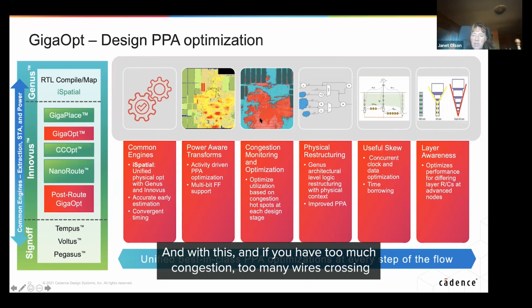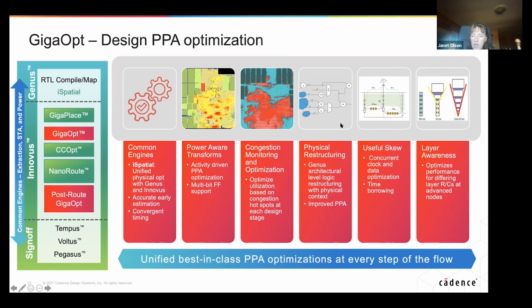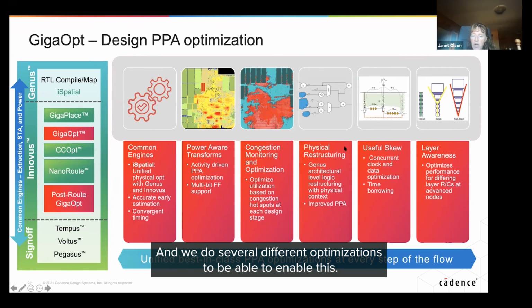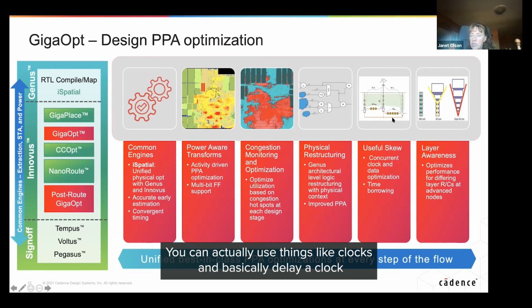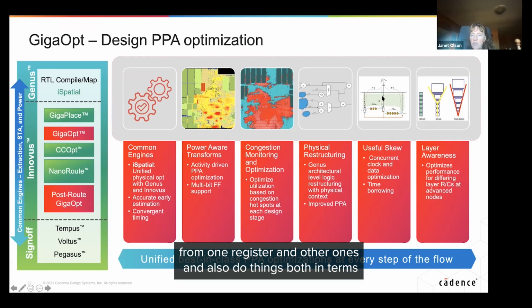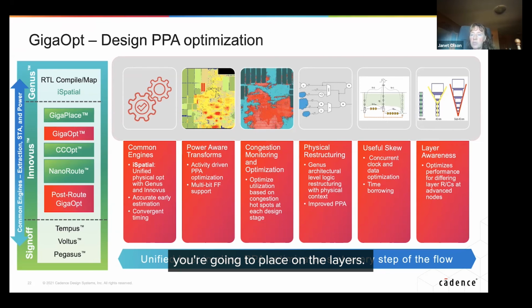If you have too much congestion, too many wires crossing will cause problems based on crosstalk and just not being able to route the design. We do several different optimizations to enable this. Some of it, going back to the logical level, you can actually use clocks and delay a clock from one register to other ones, and also do things in terms of how you do routing and how you do the design and where you're going to place on the layers.